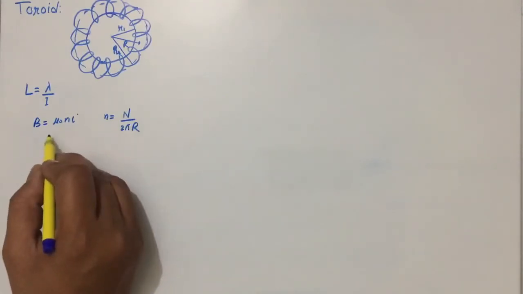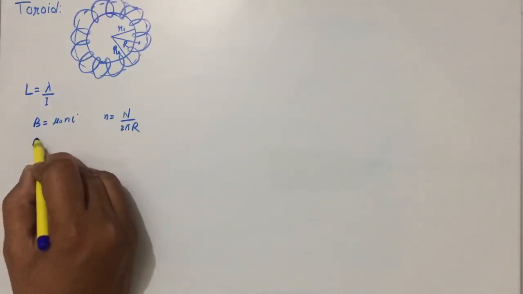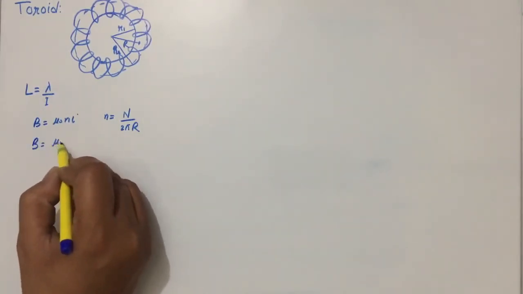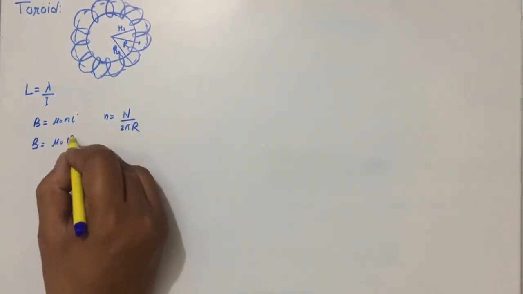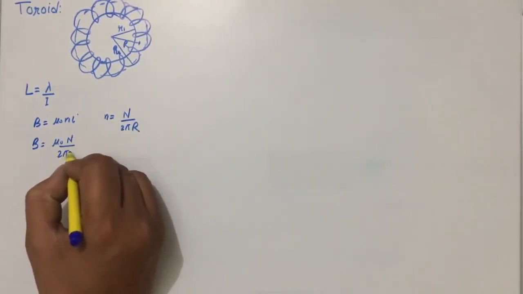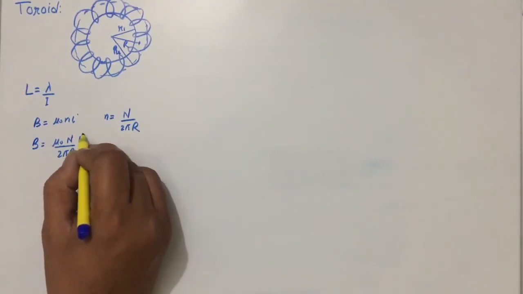So from here we can write B is equal to mu naught N divided by 2 pi R times I.